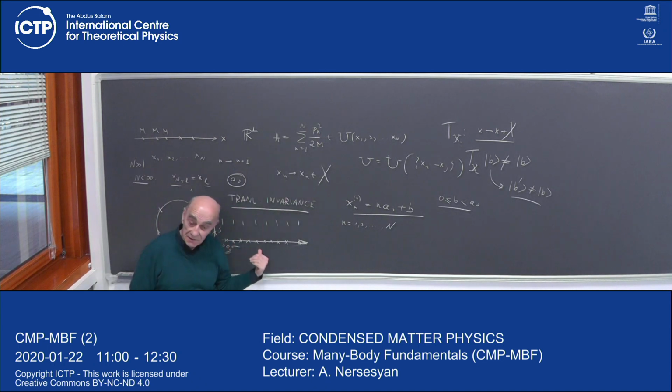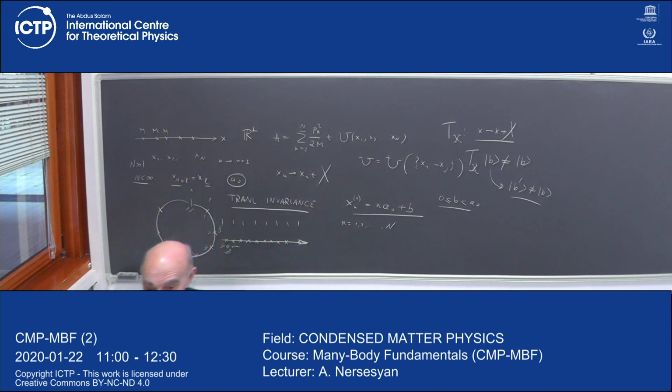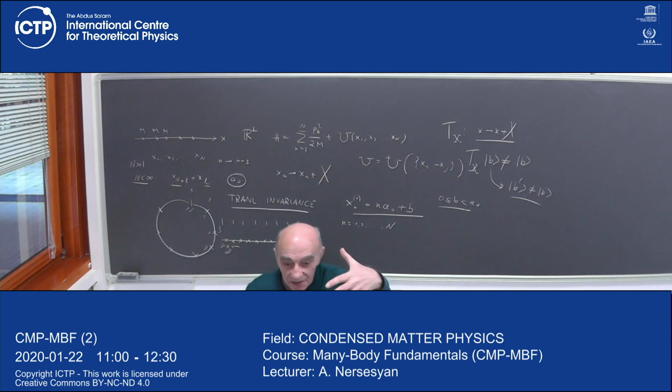The state, which is the minimal energy state, has lower symmetry. It's only invariant under discrete translations by a certain amount. So the original symmetry, the full symmetry, turns out to be broken in the ground state.